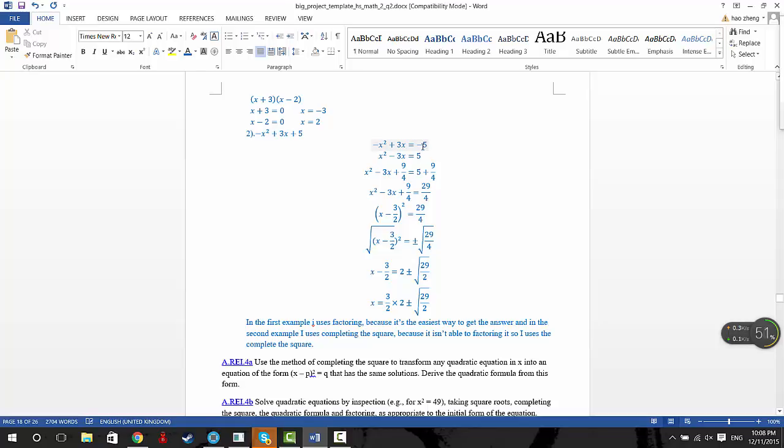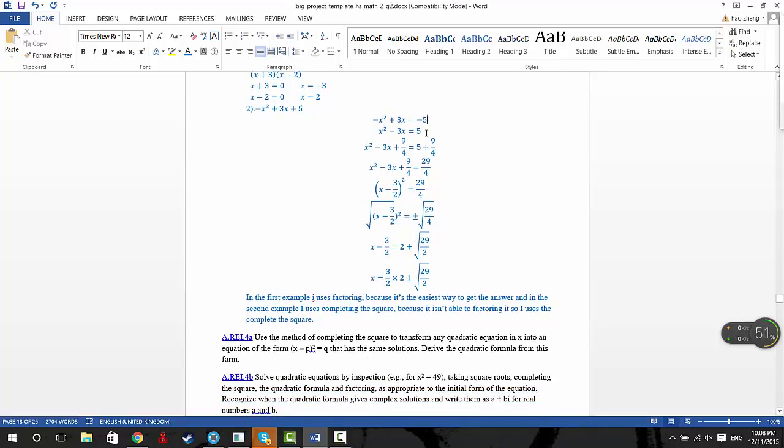Then we want to get rid of this negative sign, because we don't want it. So we divide everything with this, and we will get this over here. And in order to solve this, we must add something to both sides.